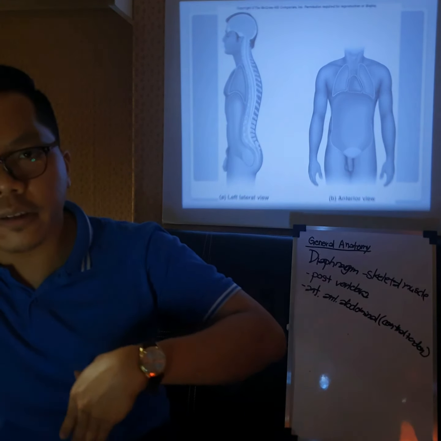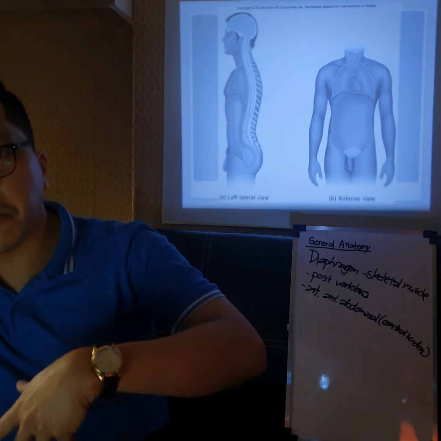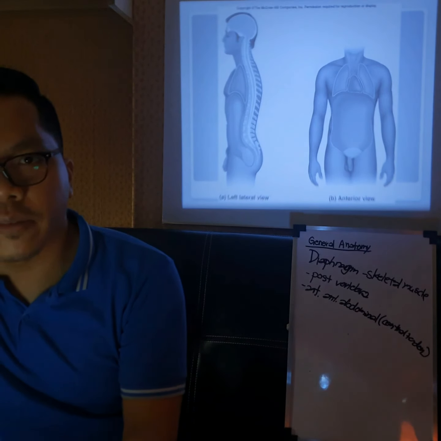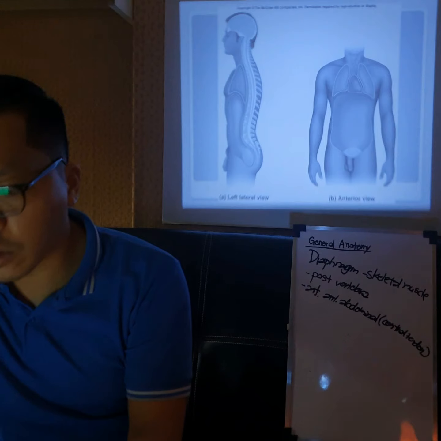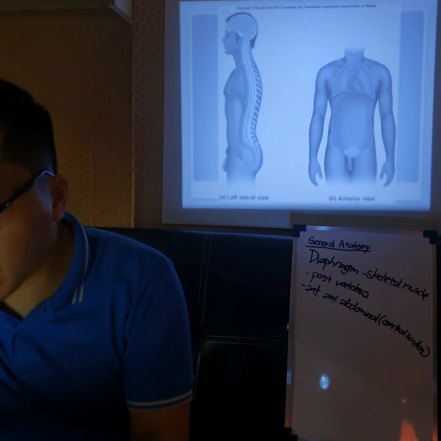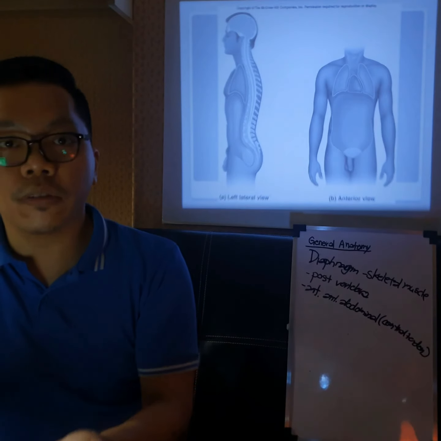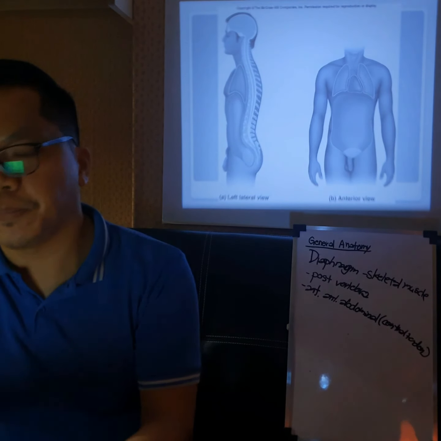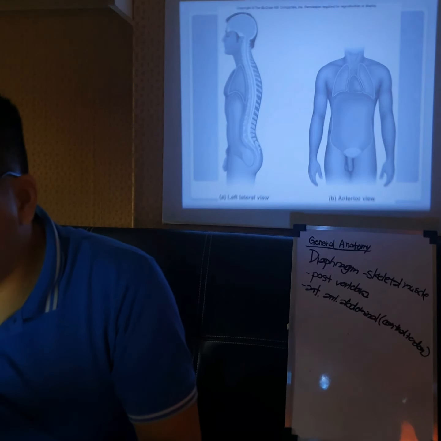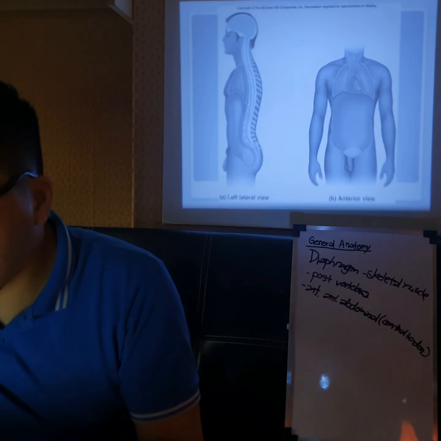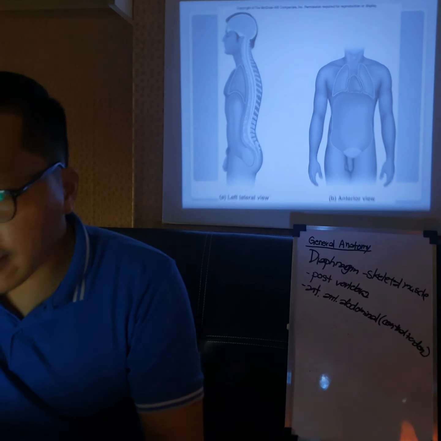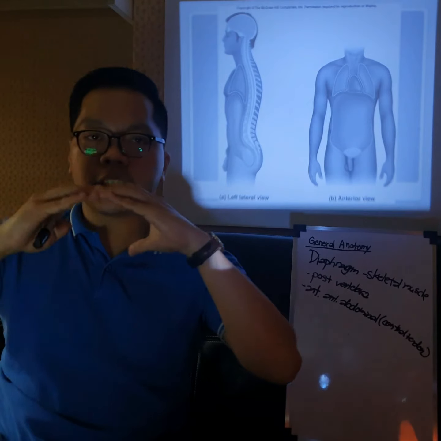What connects muscle to bones? We call it tendons. Okay? And what do we call it when it's bones to bones? Bones to bones would be ligament. That's just a review, okay? And as you can see as well, the diaphragm is shaped like this.